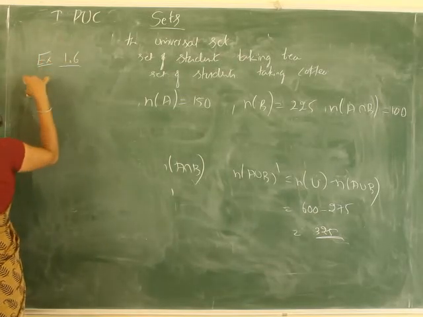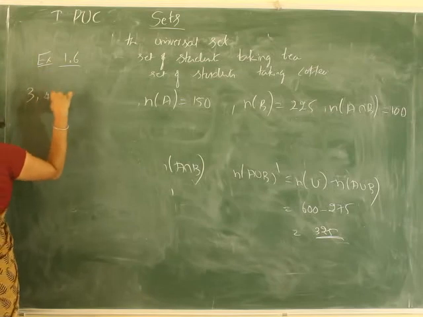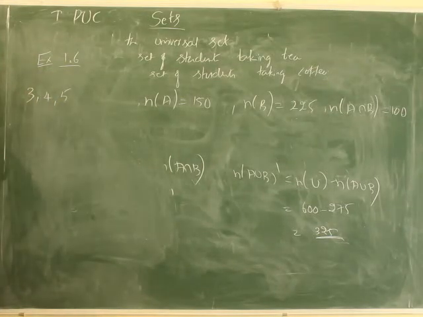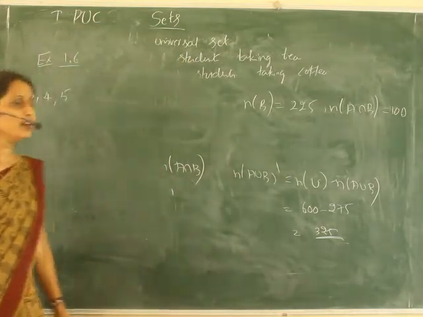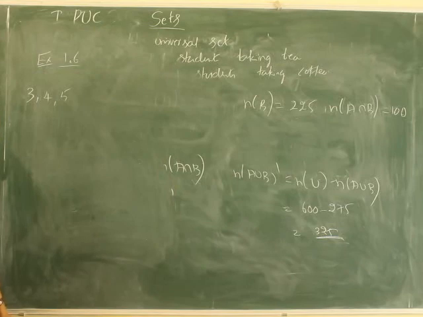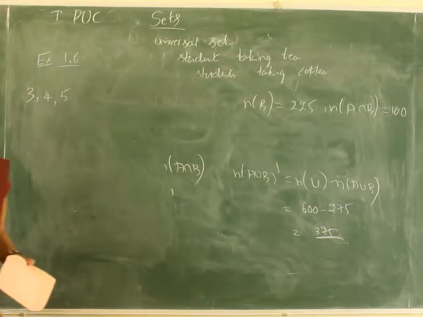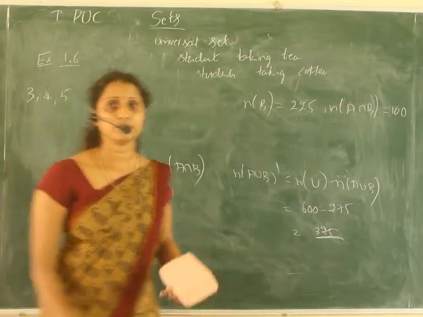This is the homework. In those problems, it is not asked to find a union or intersection. It is asked to find the value of n of A, n of B directly. So do problems 3, 4 and 5. Thank you.